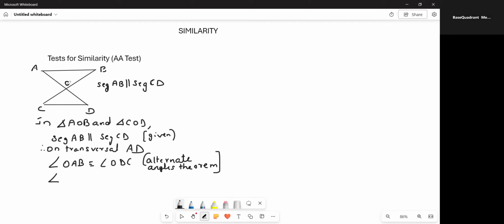You can see that angle AOB and angle COD are vertically opposite angles, correct? Therefore, angle AOB is congruent to angle COD because they are vertically opposite angles.